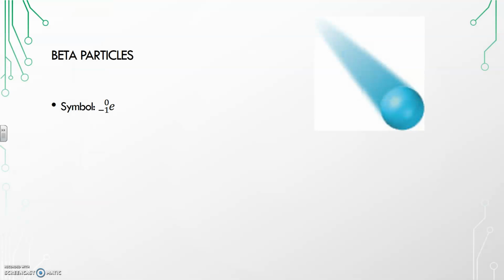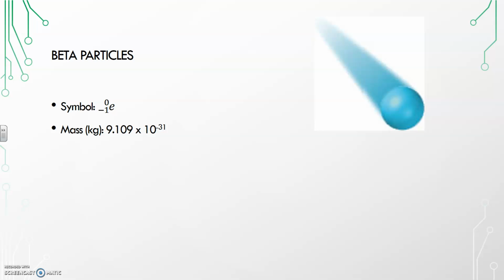So next up, we have a beta particle. This one is just an electron. This is kind of a weird little symbol that happens here. It's 0 over -1 e. The e is talking about the electron. So it has an even smaller mass. If you remember, the alpha particle was times 10 to the -27th.